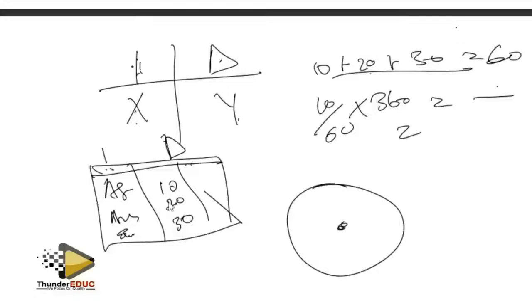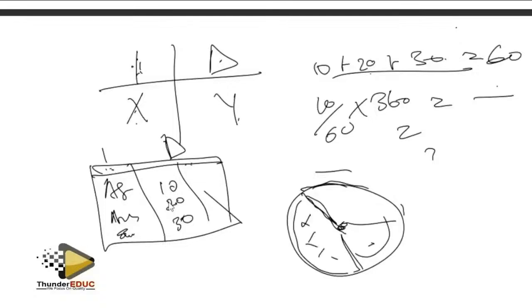You do that for 20, you do that for 30, then you plot. Protractor measure for this, then you change the protractor, start from here now, measure, then the remaining one will be for that. Then you put the title, then you shade whatever you shade, you put a key here, you get the answer, get the marks. So please don't mess it up.